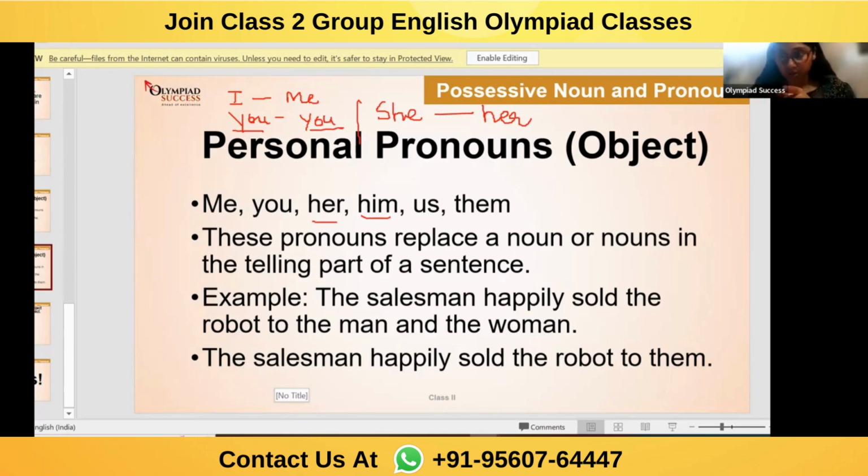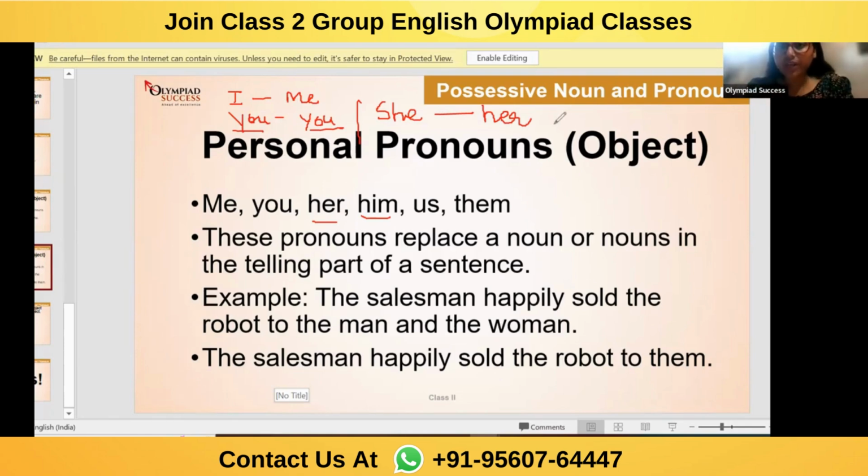Yours means that book belongs to you. So yours is a possessive pronoun. We will learn that also. There are many small things and it will get clear in your head over time. We need some time for pronouns because it is a very lengthy topic and we will cover it step by step.